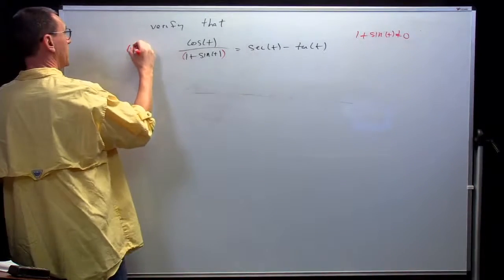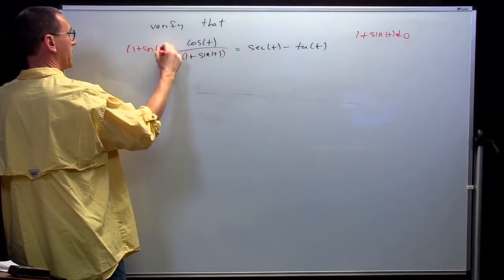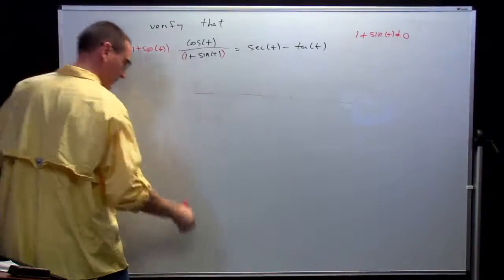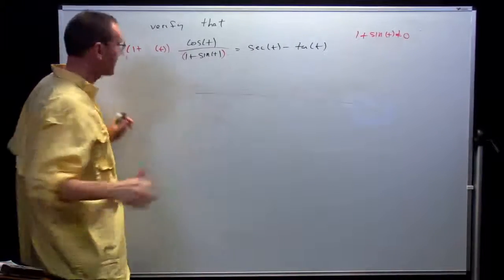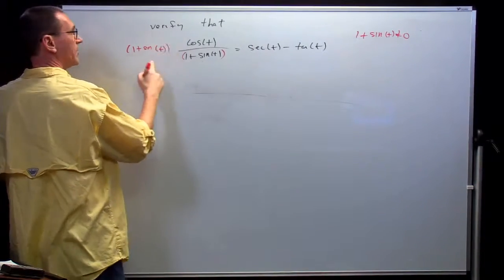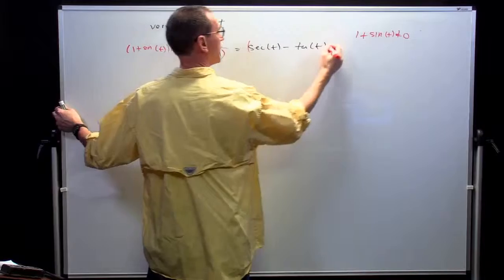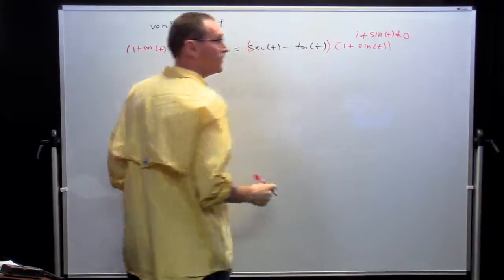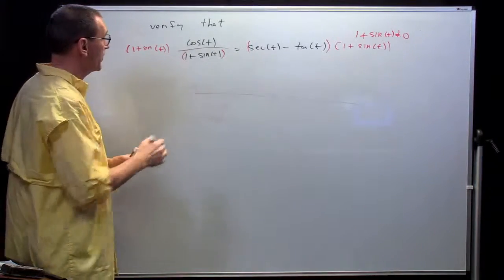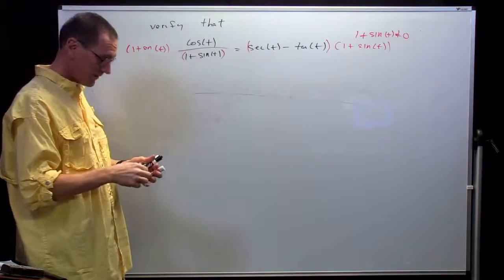So let me get rid of this denominator. It's a sine. Sorry. So multiply both sides by this denominator. Okay. And since I'm assuming that the denominator is not 0, that's fine.